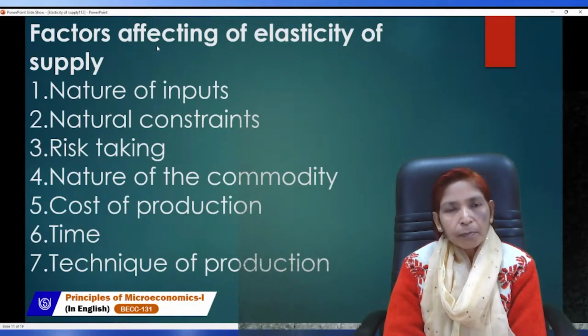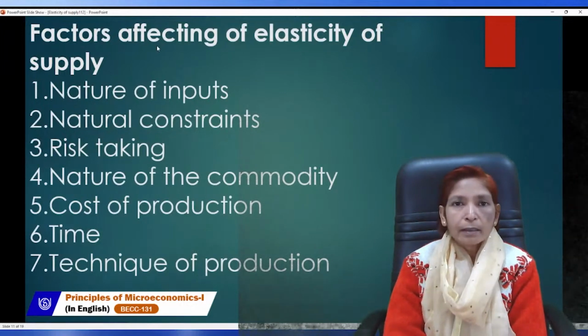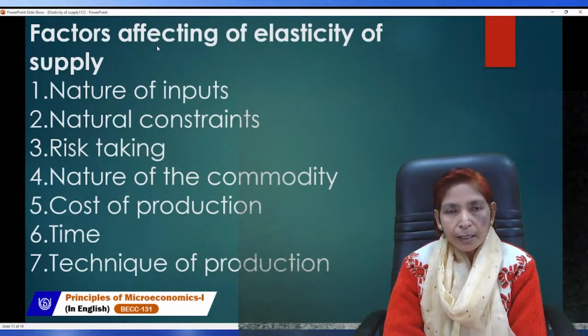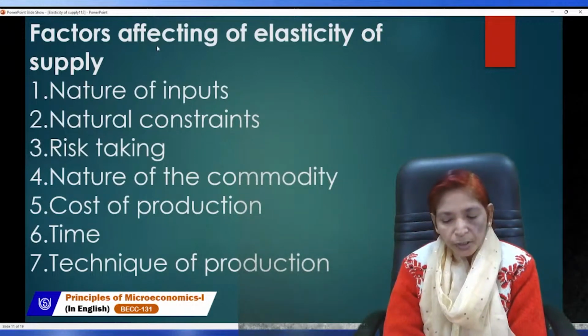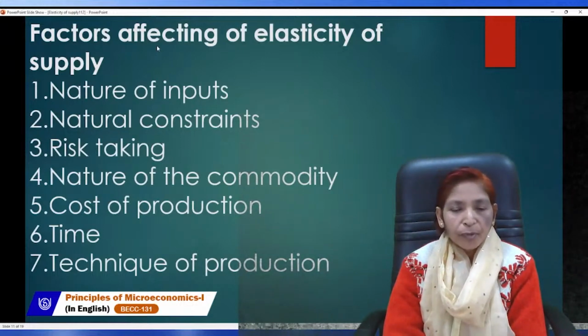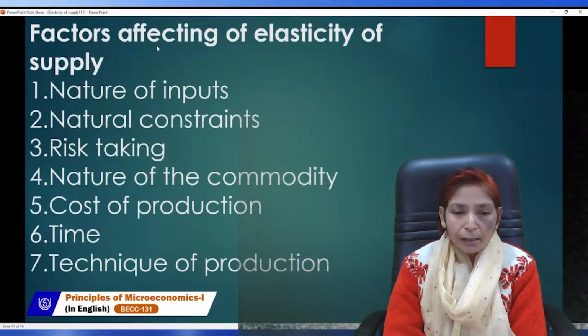One is simple technology, which is easily understandable by all, and the other type of technology is complicated or complex, which can't be easily understood by all. If the producer is using simple technology for the production of goods and services, then supply can easily change. In this case, elasticity of supply will be more than 1.